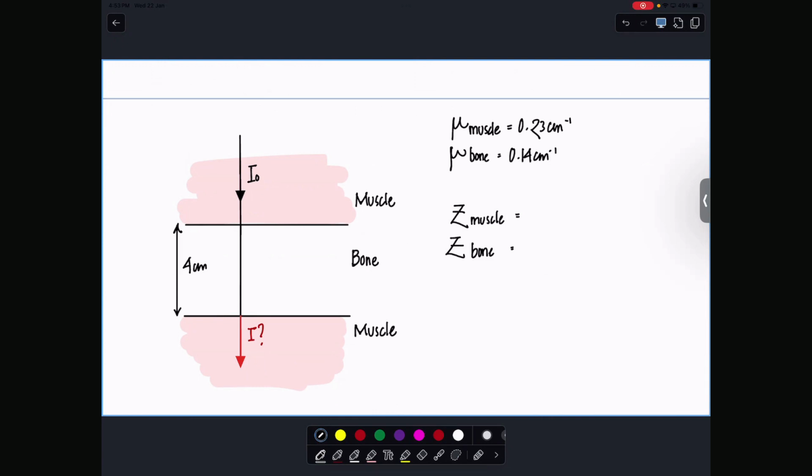Actual value of data. Bone হচ্ছে 7.0 into 10 to the power 6 kg per meter square per second, and muscle হচ্ছে 1.68. হ্যাঁ বলো। Yes.